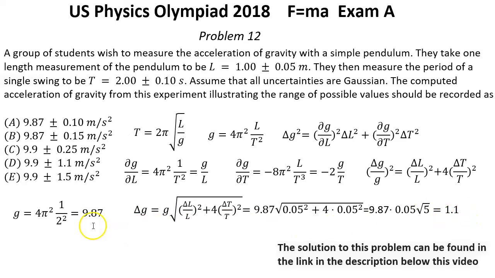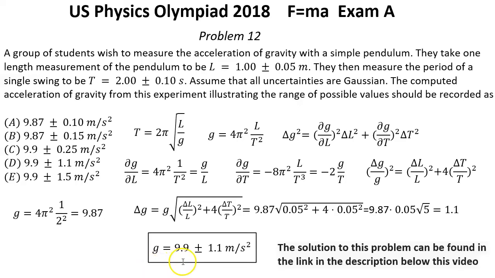So it means that we should not count the second digit after the point, and we can round this to 9.9, and the final result is this one: g equals 9.9 plus or minus 1.1 meters per second squared, which is answer D. That was a solution for problem number 12.